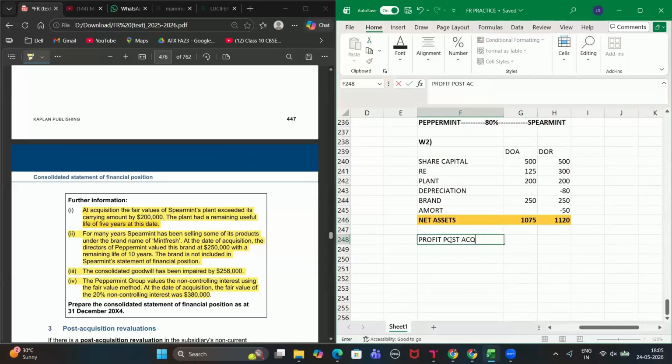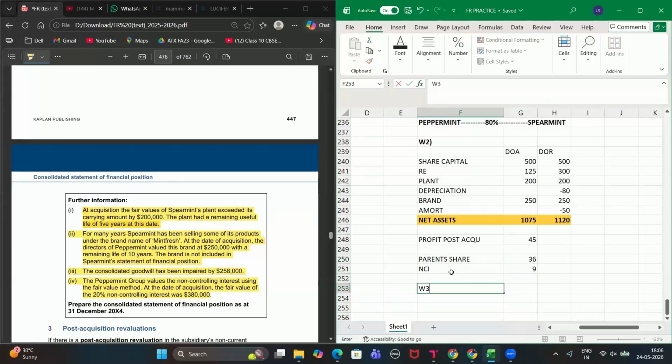How much is it? 45. So what is the parents' share here? 80 percent. What about NCI? 20. Is it clear?